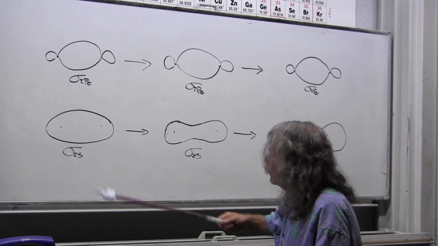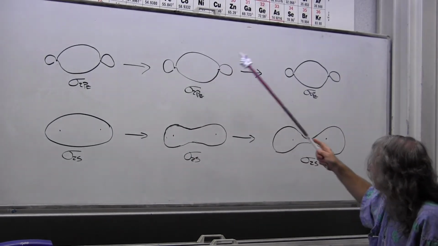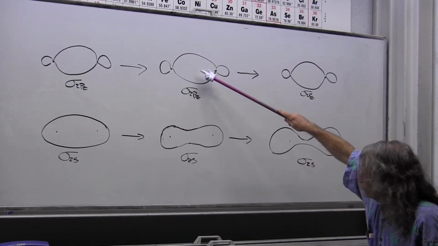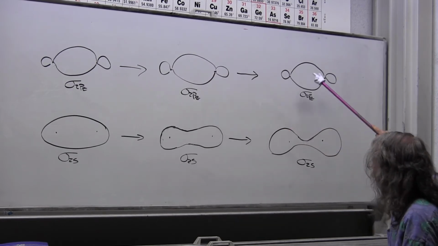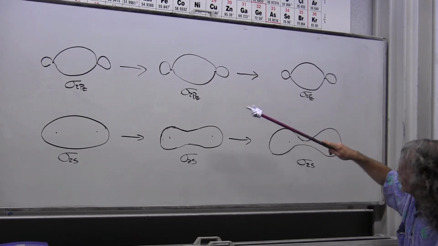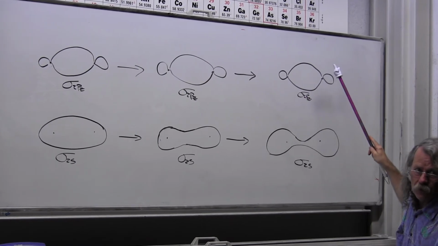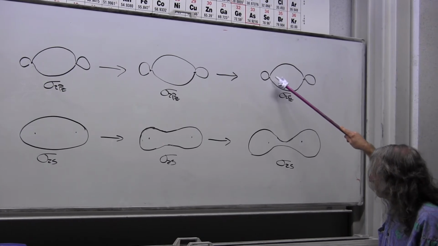So we see as we proceed across this, there's not as much of a change. I've drawn this cartoon version where you don't see a significant change in the electron density in the sigma 2pz molecular orbital because of the nature of the atomic orbitals that create it.